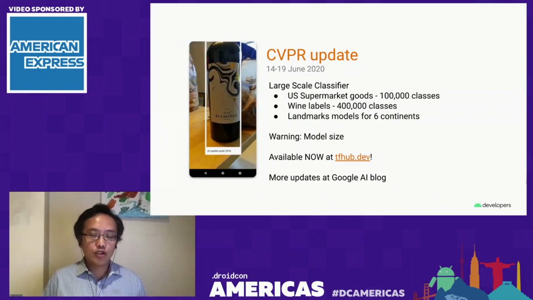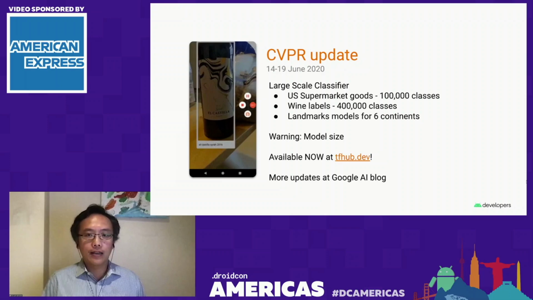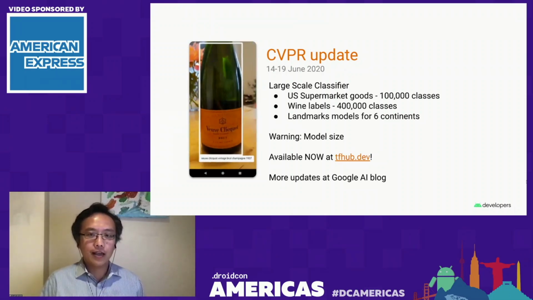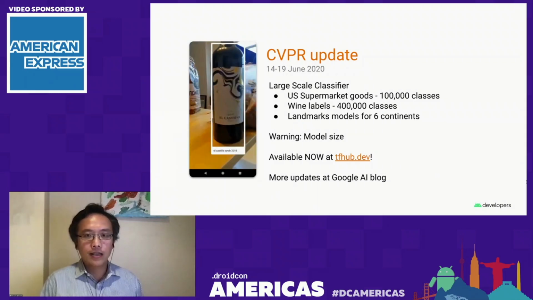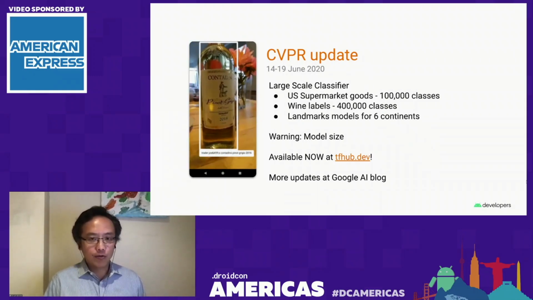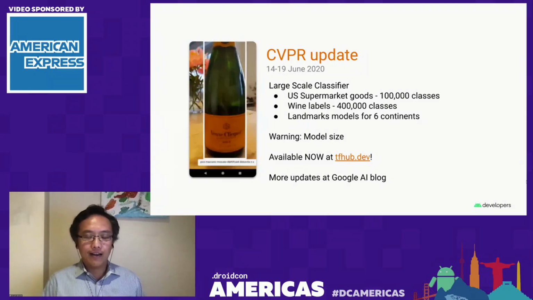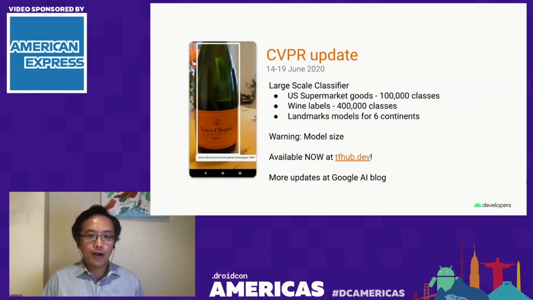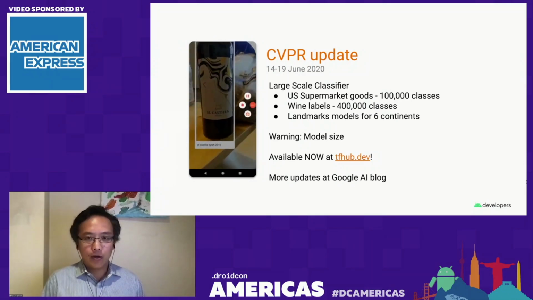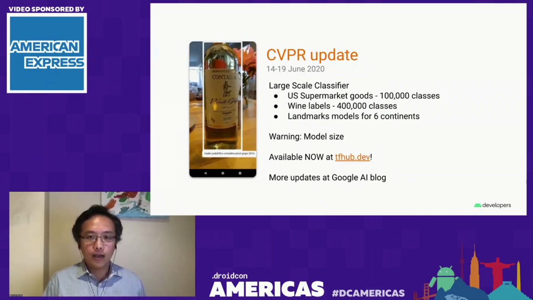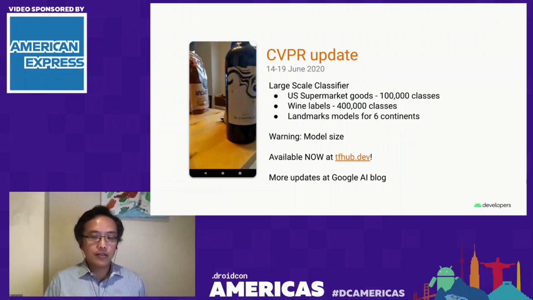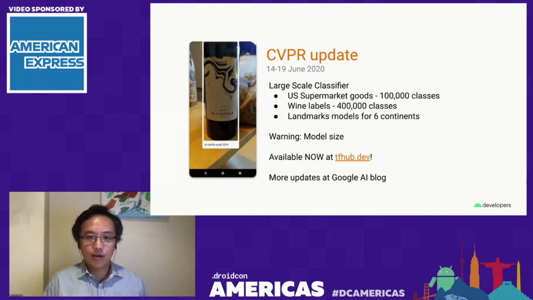So we have really shrunk it from multiple gigabytes down to, for the supermarket goods, about 40 megabytes, and for the wine label, about 140 megabytes. These are still relatively large for the mobile use case, but I'm really excited by the fact that they are available at all for mobile. And it is also something that you can potentially ship with dynamic asset or dynamic feature delivery via Google Play. So if you have these kinds of use cases, please go and check it out, and let us know if it works for you.